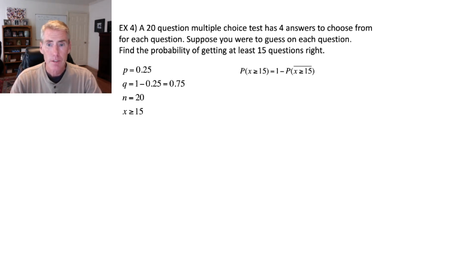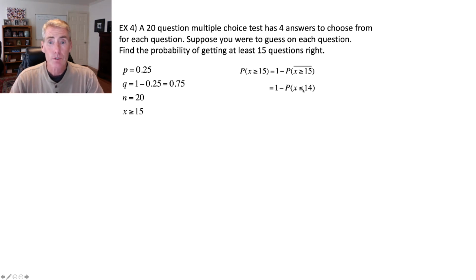Now, the opposite of bigger than or equal to 15. So let's say this is saying you have at least 15 people, and then the opposite, you don't have at least 15 people. Well, if you don't have at least 15, that means you've got 14 or less.